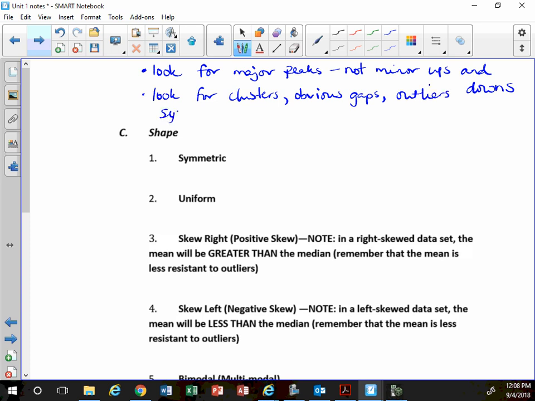Any sort of symmetry. Or skewness. That's a word. So let's draw some pictures for some of these different shapes that we can talk about.